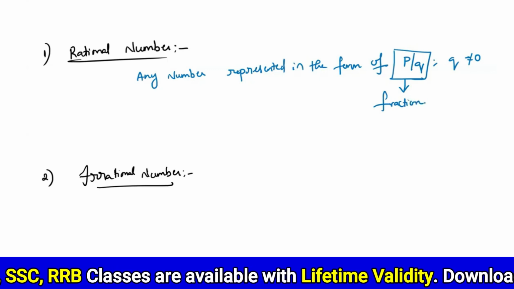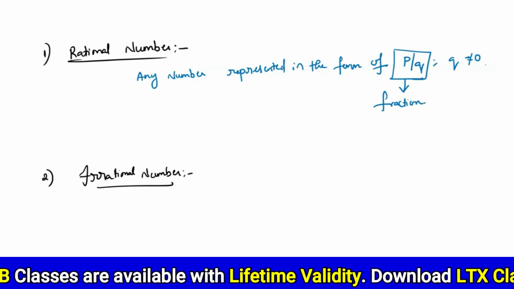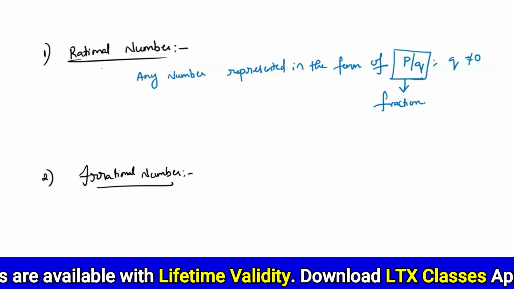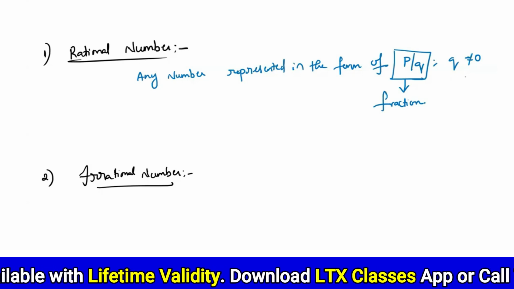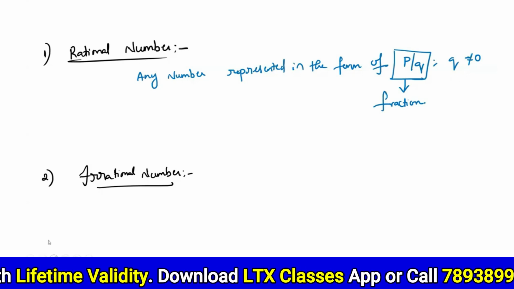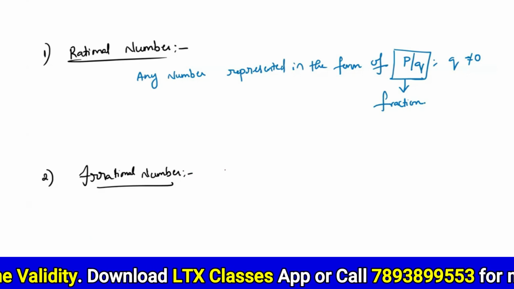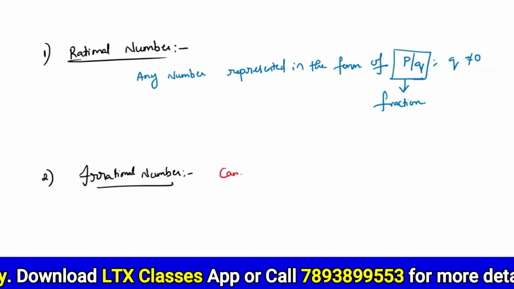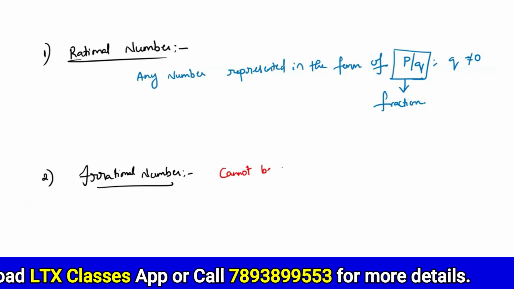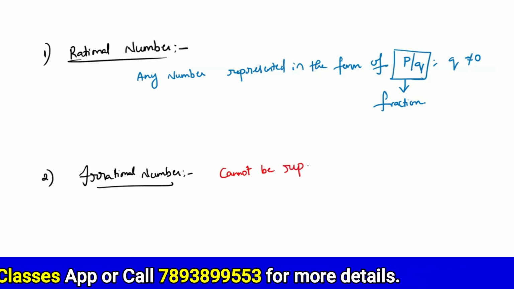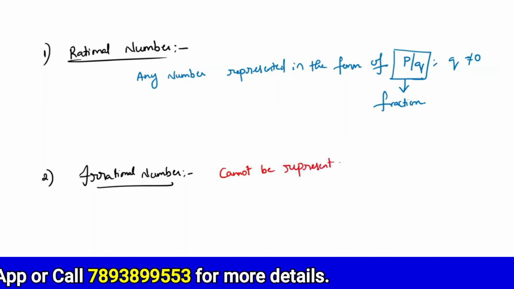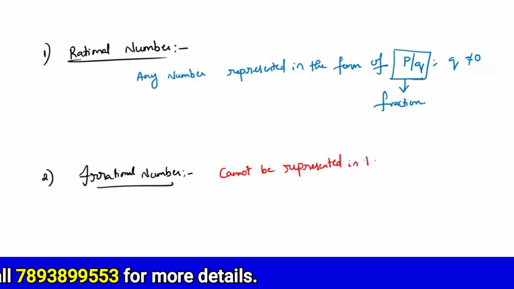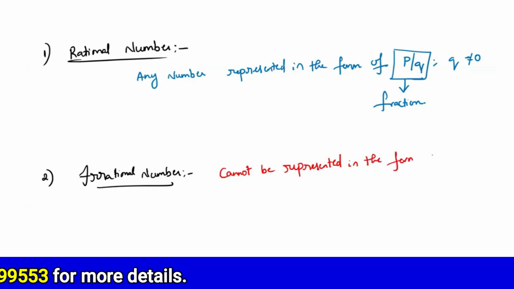Again, we will have different types of fractions, but that is the other point. Regarding rational numbers, any number represented in the form of P/Q where Q is not equal to 0. Coming to irrational numbers, which cannot be represented in the form of P/Q.